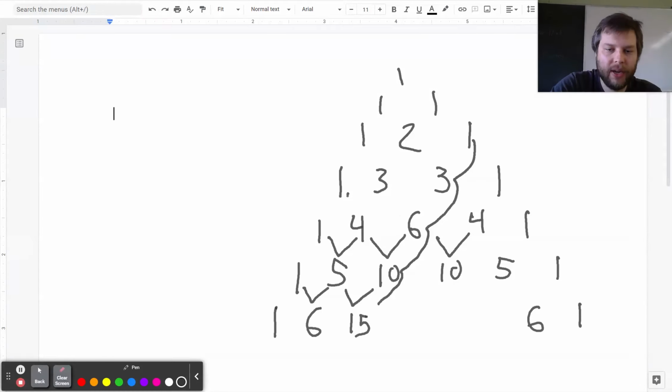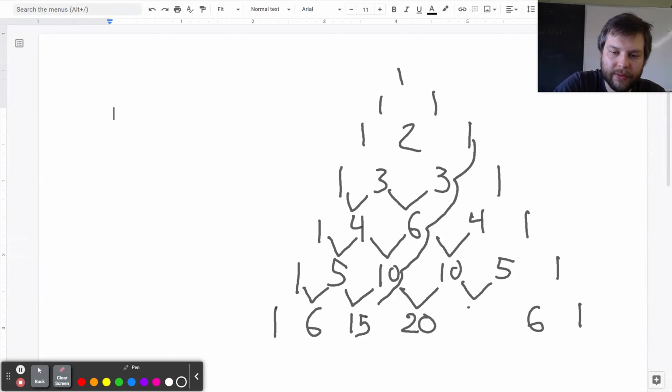So all these little arrows that I'm drawing are just showing like 1 plus 3 is 4, 3 plus 3 is 6. So the number that would go down here, 10 plus 10, makes 20. 10 plus 5 makes 15. And so I encourage people to try to build this out yourself. It's just adding numbers. You can use a calculator if you want.